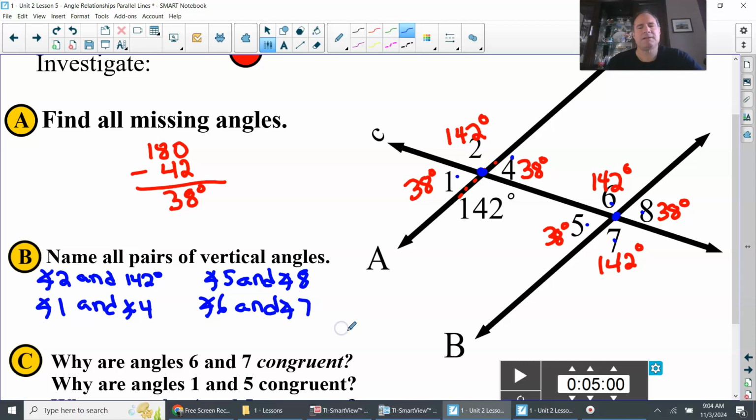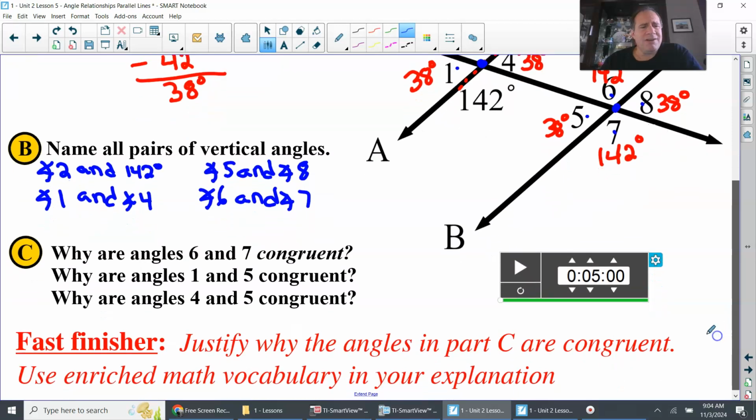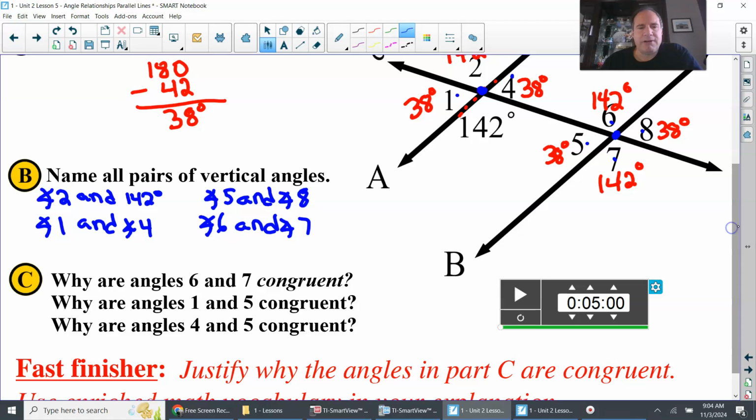Why are angles 6 and 7 congruent? Let's look. Oh, we already named them as vertical angles. They meet in the middle. All right, why are angles 1 and 5 congruent? Look, same location, upper left of the bottom. So same location, corresponding.